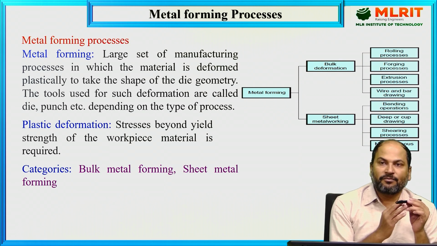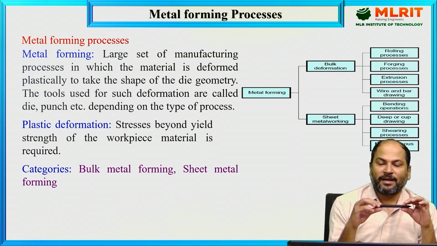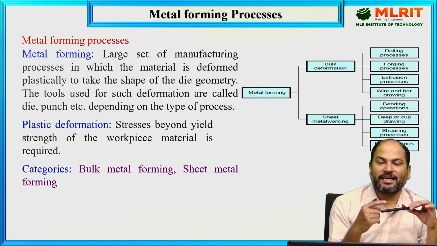For that, one thing needs to be kept in mind: whatever the yield strength of this material is, the force or load we apply should be more than the yield strength of the material. Then and only then there will be permanent deformation of the material. So if I have to increase the length, I will apply tensile force from both sides. What will happen? Its length will increase, but its cross-sectional area will decrease.